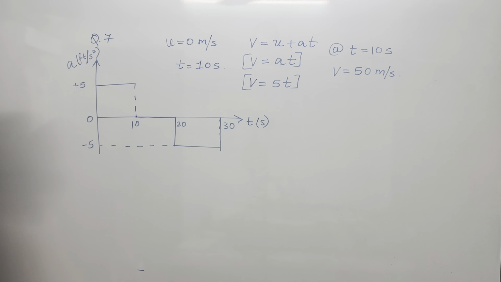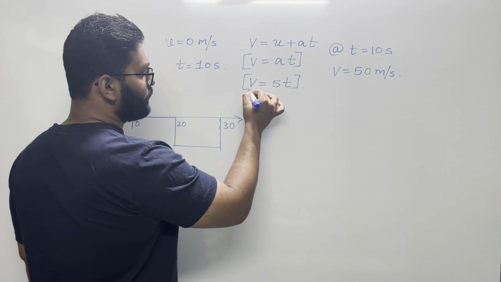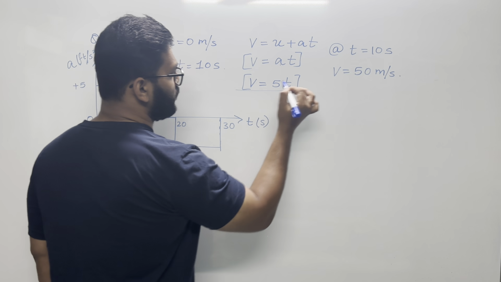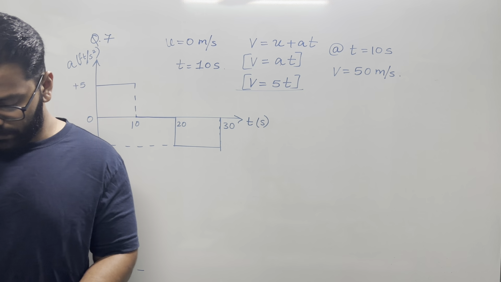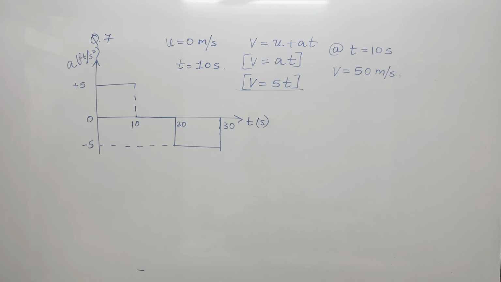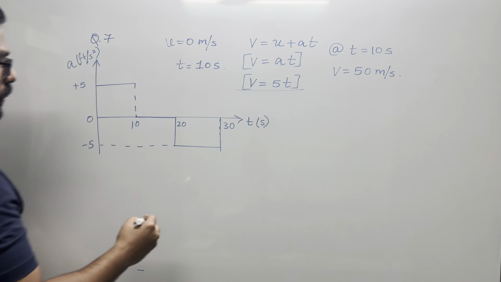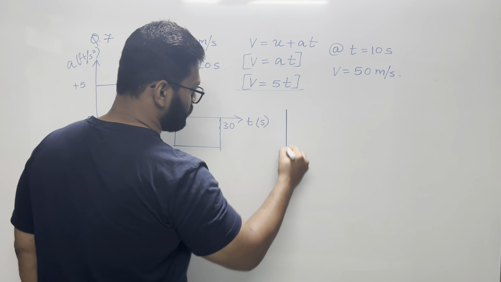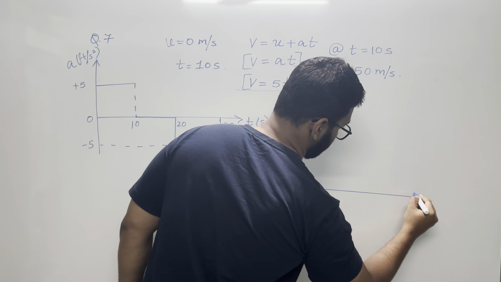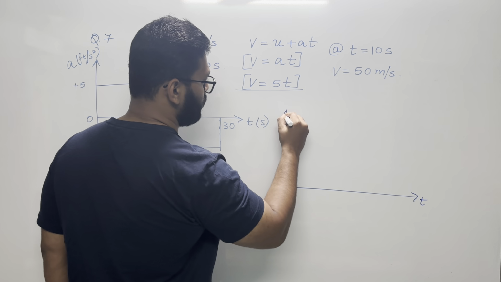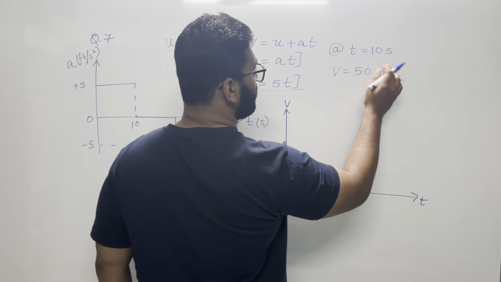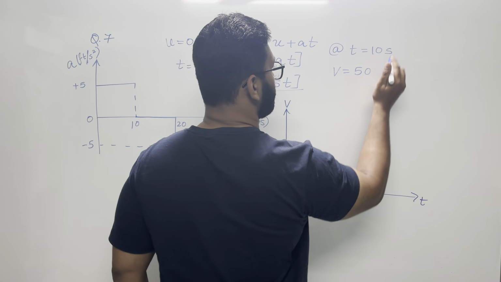Now, from 0 to 10 seconds, we will follow this rule. Now, let me plot it. This is the y-axis, this is the x-axis, this is time, this is velocity. Oh, this is feet, right? So, let me write it as feet.